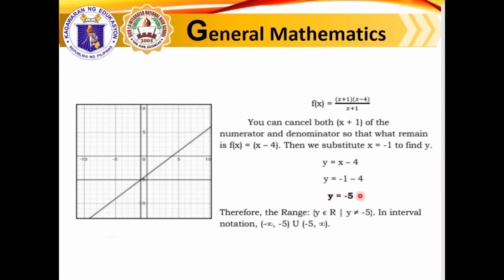So therefore, the range will be y are all elements of R such that y is not equal to negative 5. So in interval notation, negative infinity to negative 5 union with negative 5 to positive infinity. So therefore, the range can take all the values from negative infinity to positive infinity except y equal to negative 5.